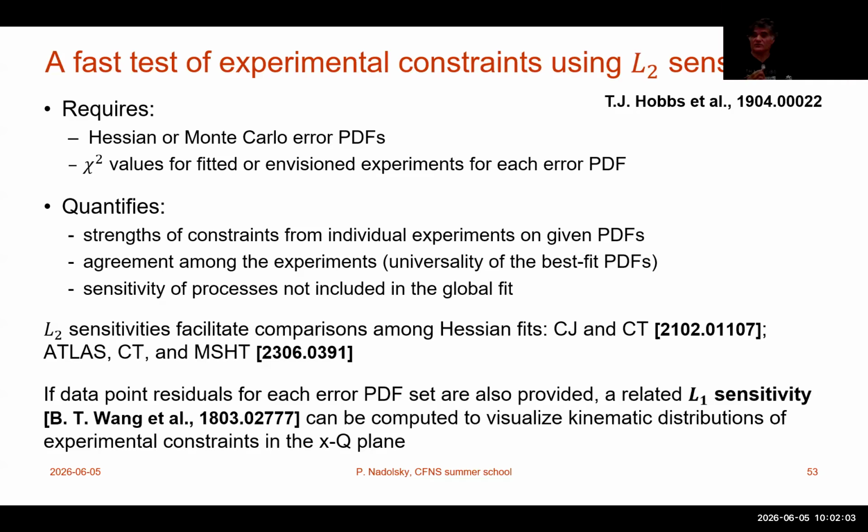And how is it different from the constraint on the gluon in the CT fit or the CTEQ-JLab fit? You can use these metrics, correlations and sensitivities, to answer these questions and to do these comparisons among the groups. They are very easy to calculate. They require only 15 minutes of computer time, in contrast to doing the fit, which requires many hours of computer time.